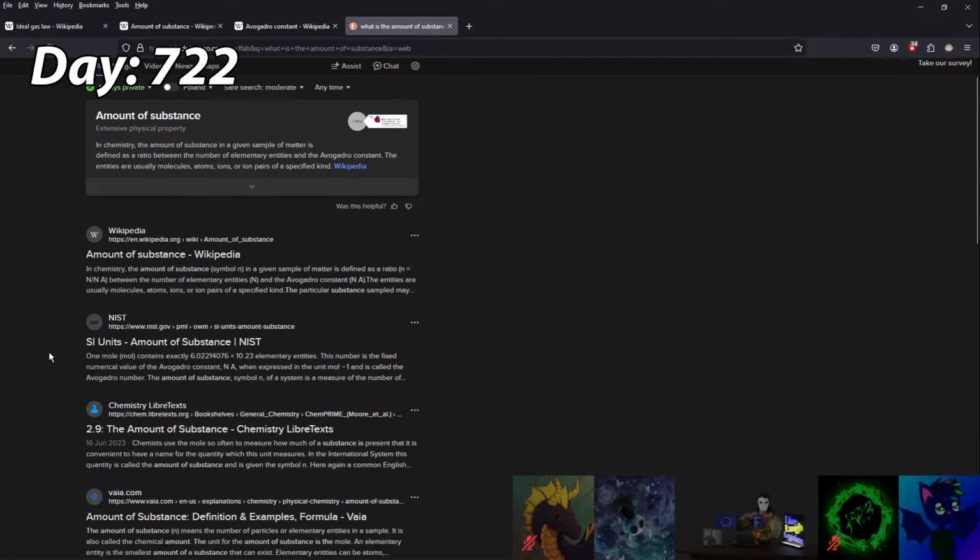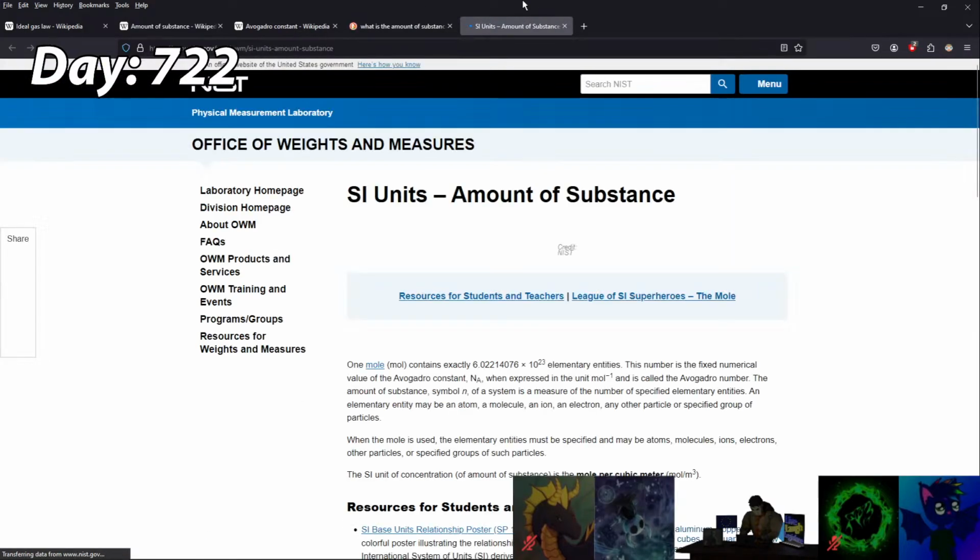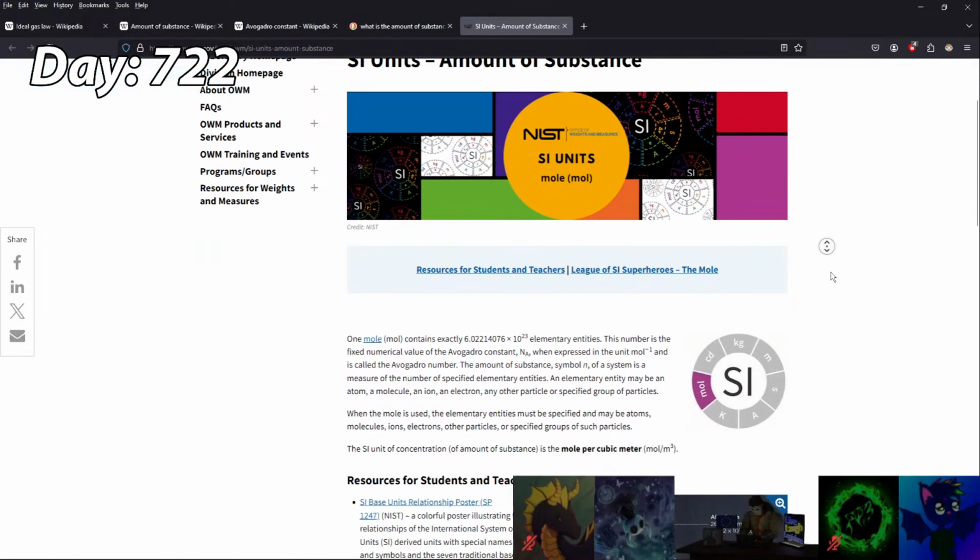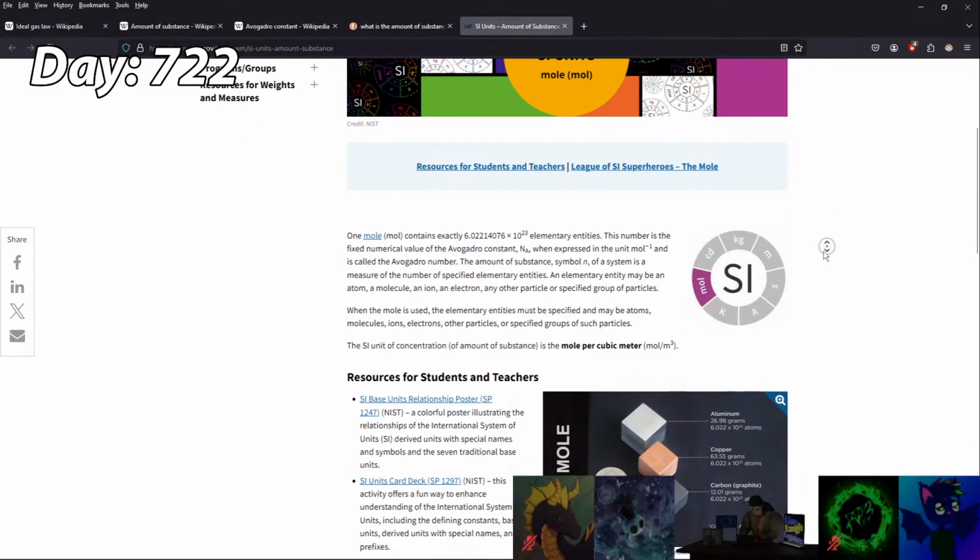Okay, amount of substance, SI unit, nist.gov. The amount of substance, symbol n, of a system is a measure of the number of specified elementary entities. Timon, they said it's a number of entities.